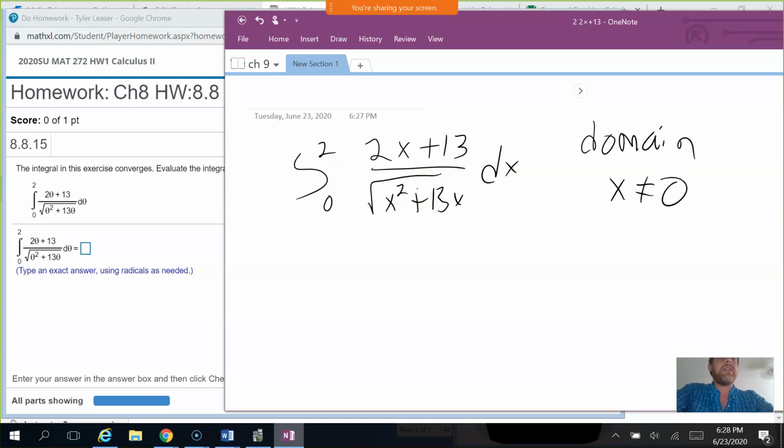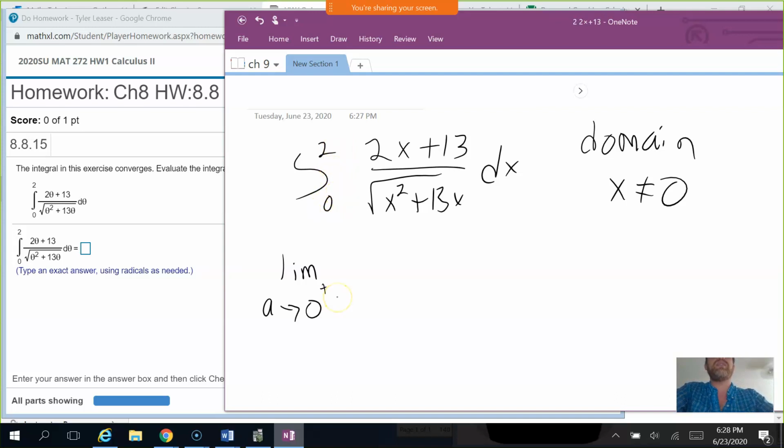So what we have is that one of the endpoints for my integral creates an asymptote. We can still do the integral, we just have to be more careful about it. We're going to write it like this, right? We're going to do the limit as a approaches 0. Now you have to be careful about which direction it approaches. In this case, it's approaching it from the right, because if I'm going between 0 and 2, I'm closing in on the 0 from the positive direction.